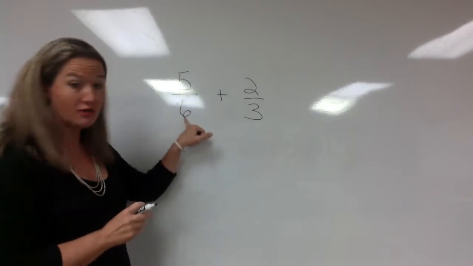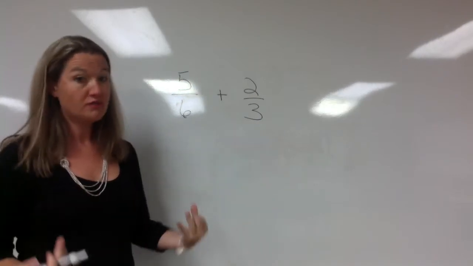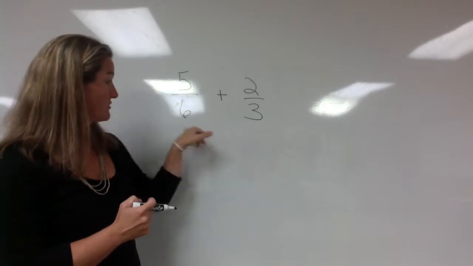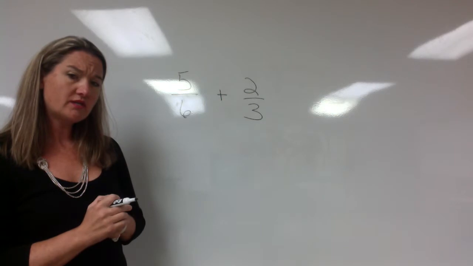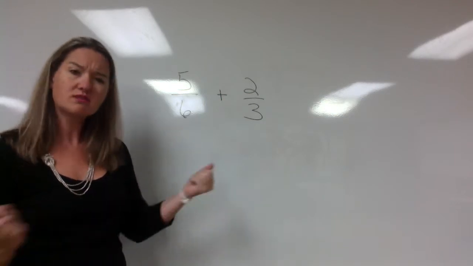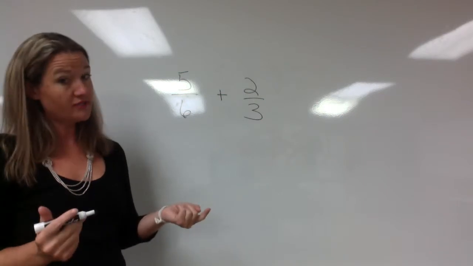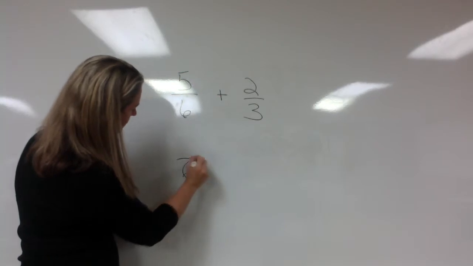Again, the denominators are different, so we have to get a common denominator. We have to get the least common denominator, which is the number that's the same. So 6 and 3, we have to ask ourselves, what is the least common multiple of 6 and 3? What's the smallest number that both 6 and 3 go into? Well, 6 goes into 6, 3 goes into 6, so this is the smallest. So we'll rewrite it down here.